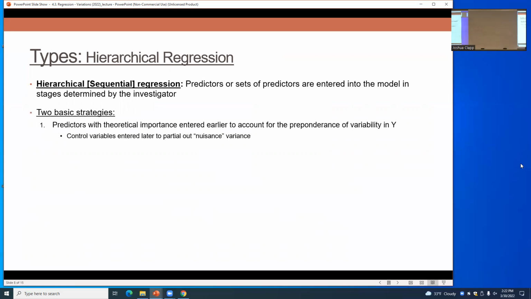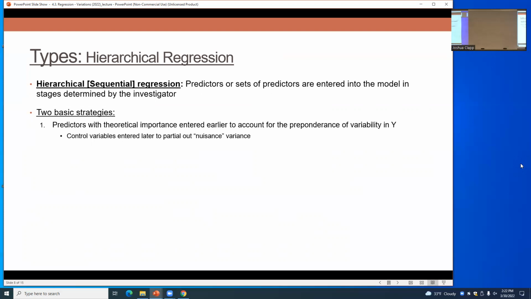We have a couple of different strategies we can go with here. One, we can enter our predictors that have some theoretical importance and that we think are going to account for the main stuff in the outcome, and then later put in control or nuisance variables.